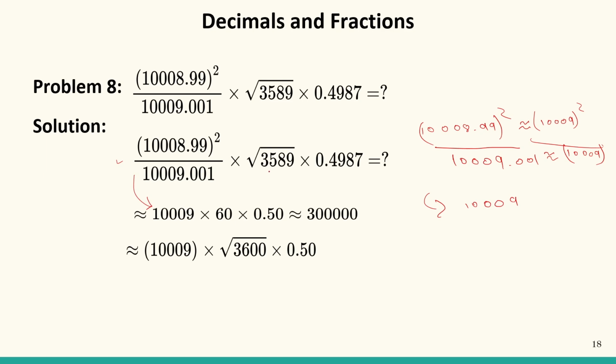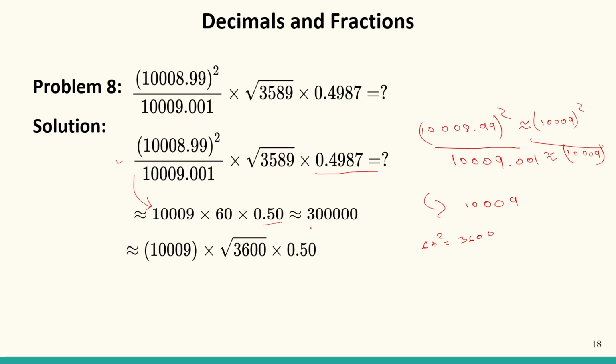And the square root of 3589 is approximately equal to 60, since we know that 60 square is 3600. So there is only a difference of 11 there, so we can approximate this as this number, and what we are left with is 10009 into 60. Further, we need to multiply this with 0.4987, which is approximately equal to 0.50.